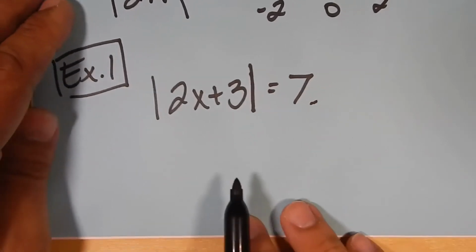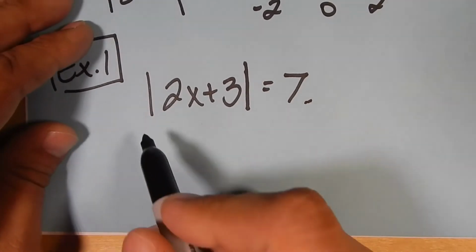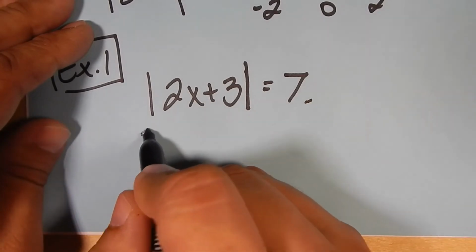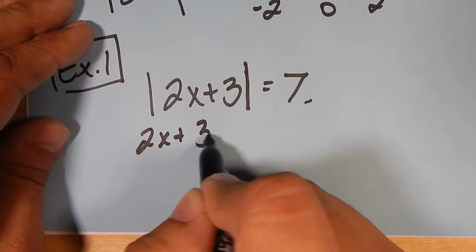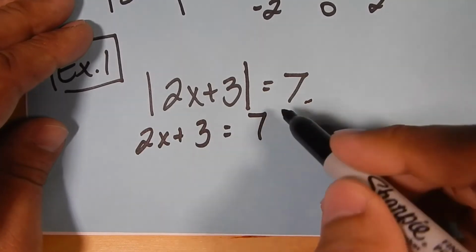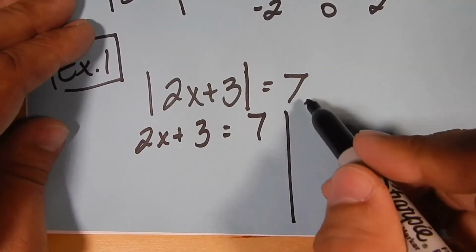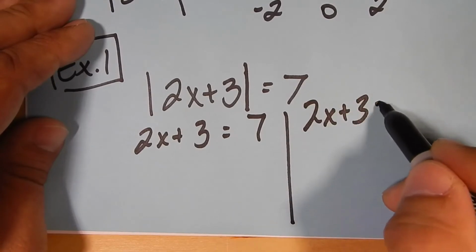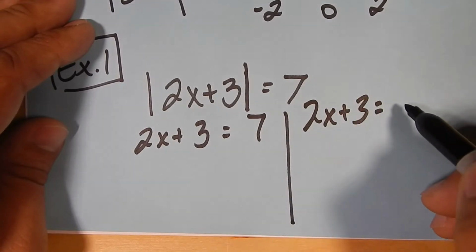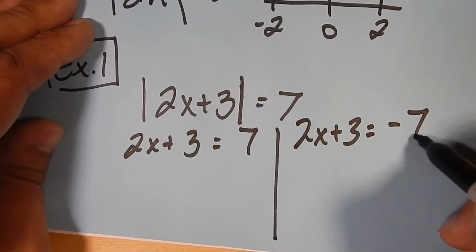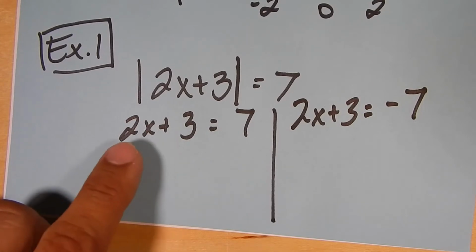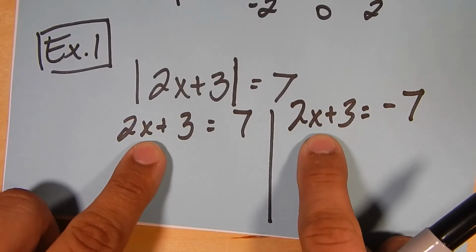So what we're going to do is split this into two equations. The first equation is exactly as it appears: 2x plus 3 is 7. The other one is, this thing could be on the other side of 0, so going the other direction. That takes us to -7. So we have two equations to solve, but luckily the steps are going to be exactly the same because these parts are the same.